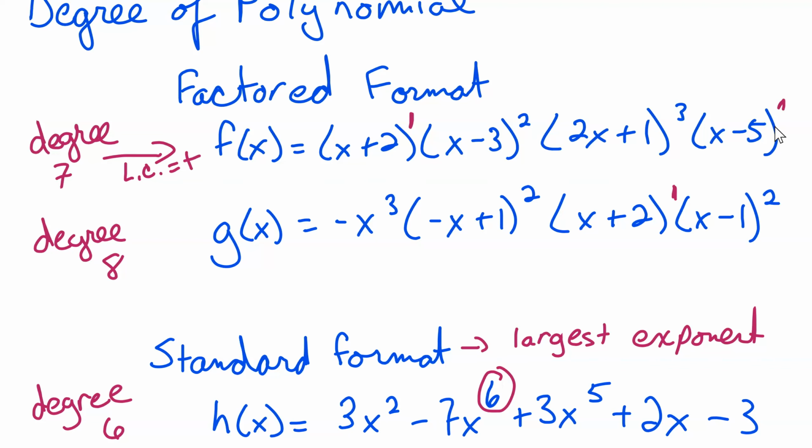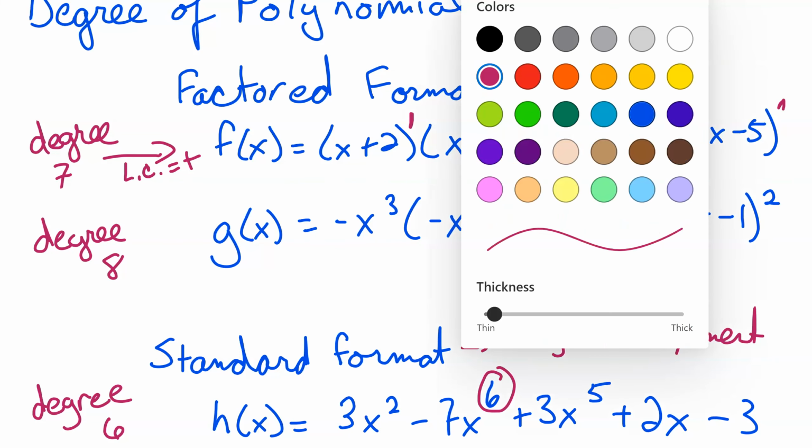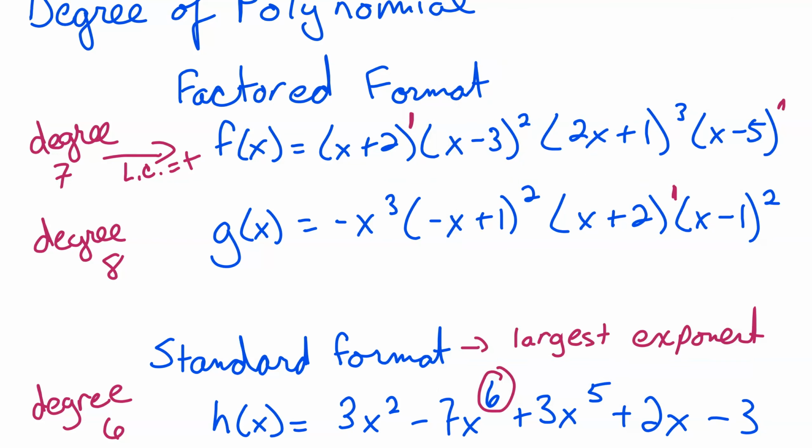So we have a degree of 7 and a leading coefficient that's positive. So that means that we would be going up on the right. So we have an odd degree, so we'd be going down on the left. Positive tells me I'm going up on the right. The 7, because it's odd, tells me I'm going the opposite direction.